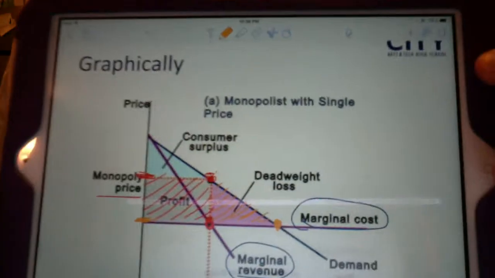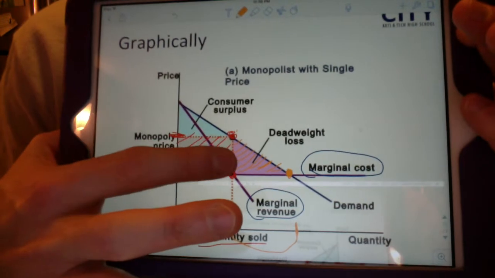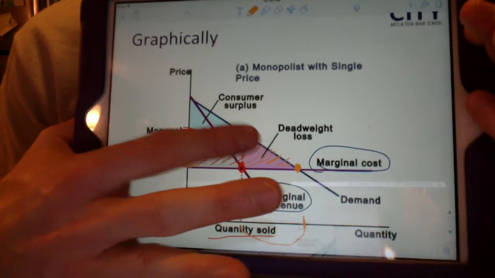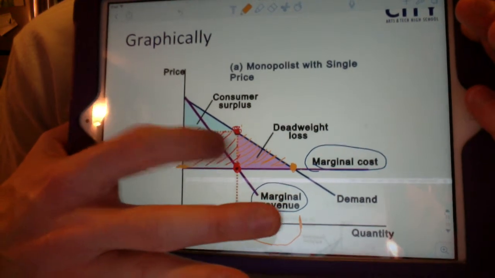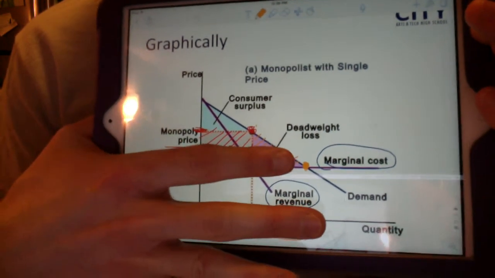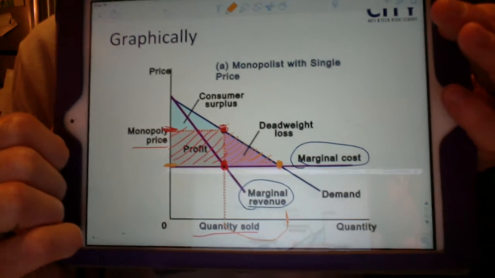So we get the deadweight loss right here. That's deadweight loss. And no one gets that. We're selling here rather than out here. So we lose that value, and that surplus is going to no one. That means this is an inefficient outcome. So when a monopolist charges a single price, we have an inefficiency.